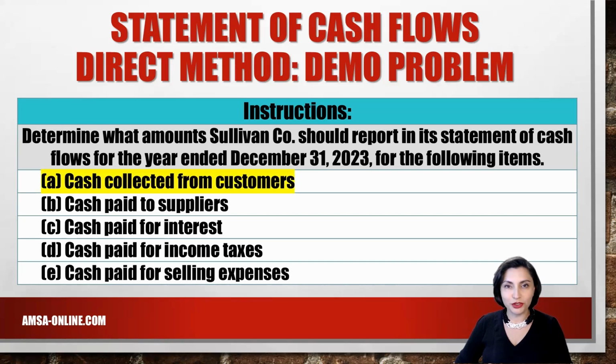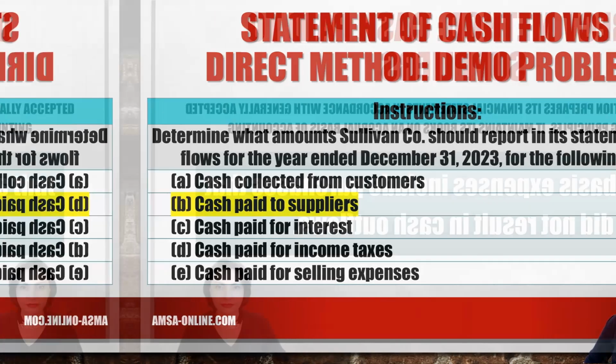We already looked at how to calculate the amount of cash received from customers using the direct method when a company has write-offs of uncollectible accounts and changes in accounts receivable during the year. The link to the video is posted here and in the description below. Now we need to determine the amount of cash paid to suppliers. I will go over the rest of the items in separate videos.